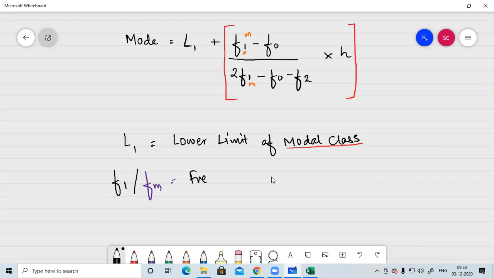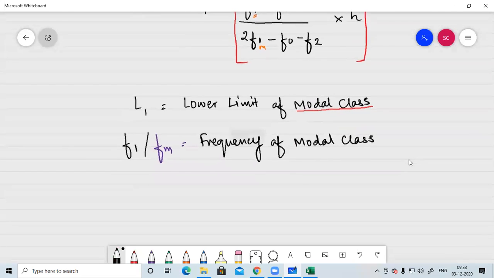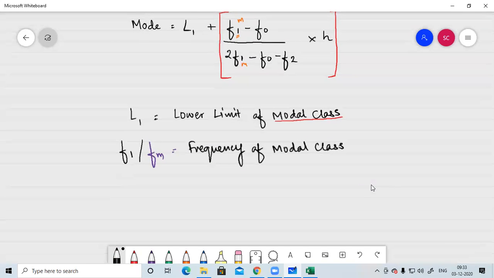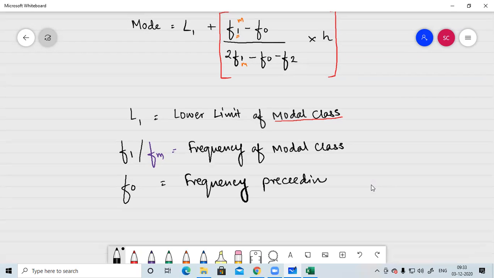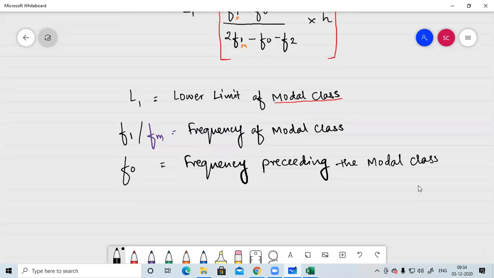It is the frequency of modal class. Then you have F0, which is the frequency preceding the modal class. Then we have F2.